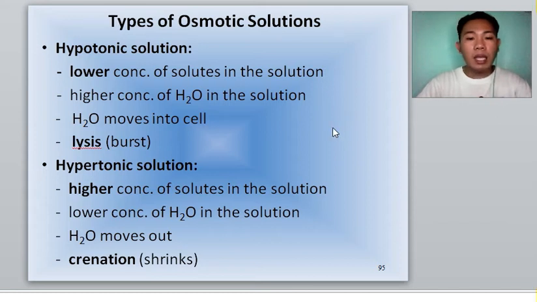Another is hypertonic solution, which is composed of higher concentration of solute and lower concentration of water. Again, if we place a cell in the solution, the water will tend to move out of the cell, causing crenation or shrinkage of the cell.